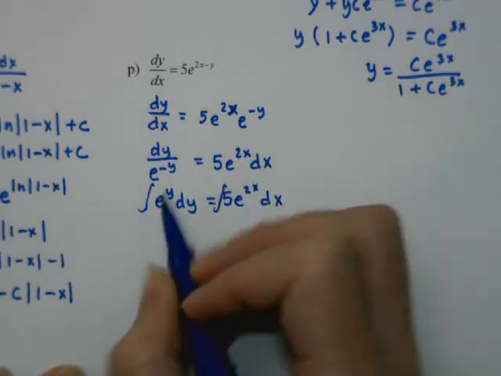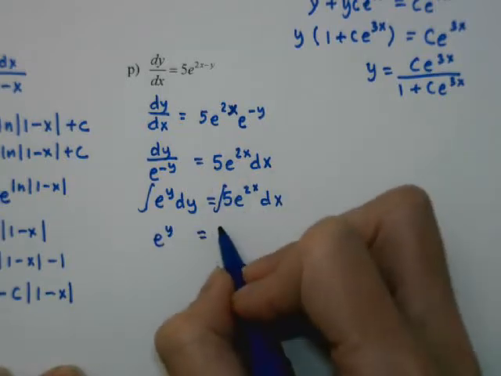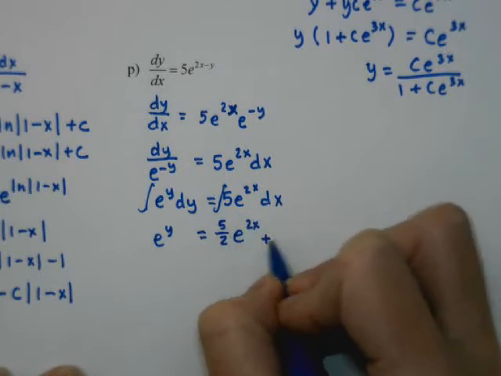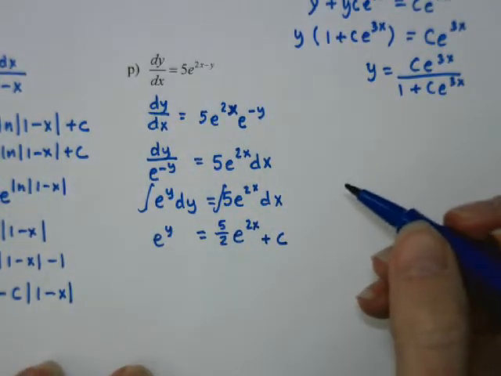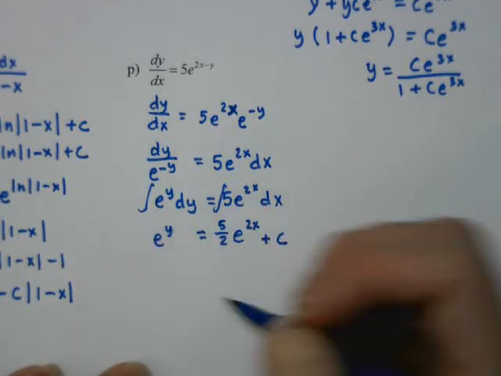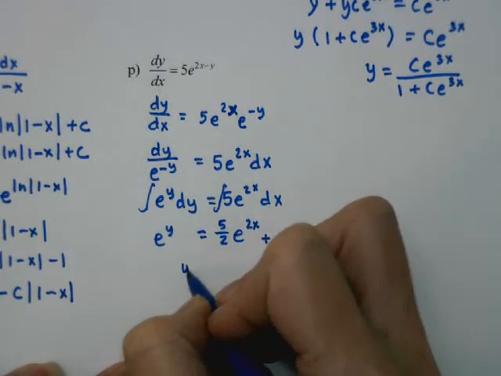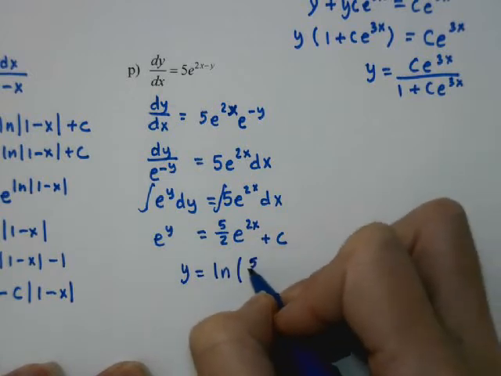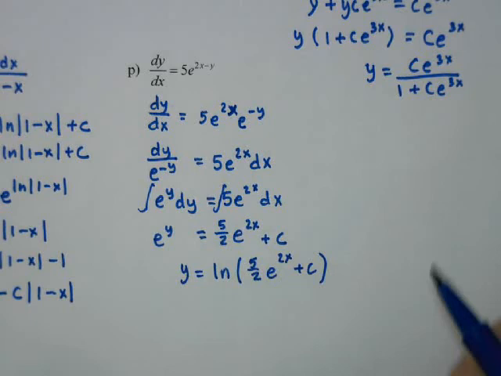And we integrate. This will be e to the y equals 5 halves e to the 2x. Okay, then I'll take the natural log of both sides. Natural log here is just going to be y. And there we go.